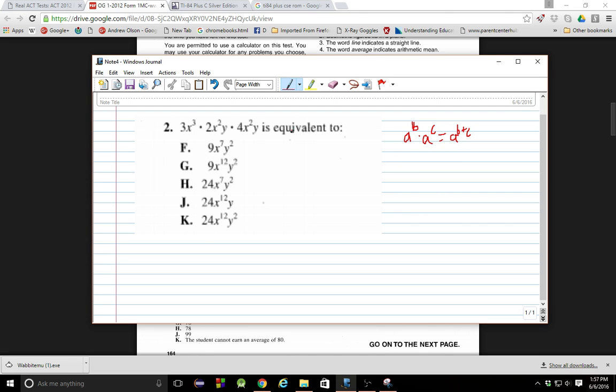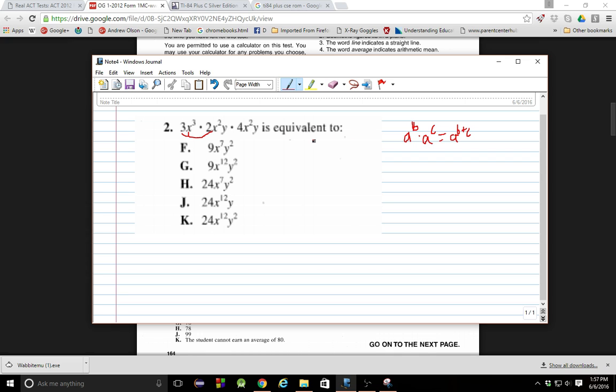Essentially, it means that when you multiply 3x cubed times 2x squared y, you multiply 3x cubed times 2x squared and then leave the y there. So 3x cubed times 2x squared, what is that?